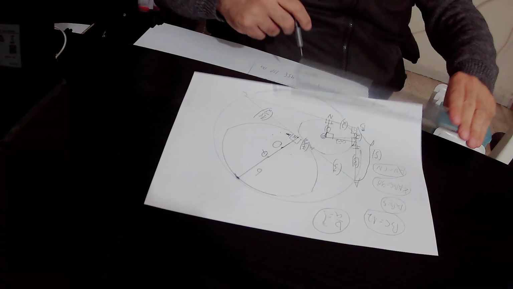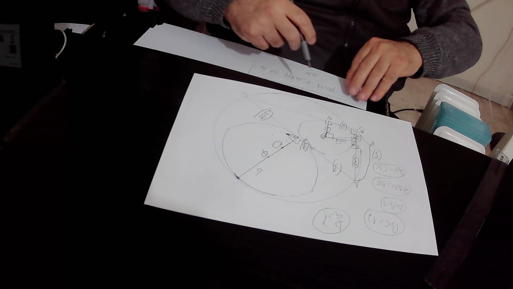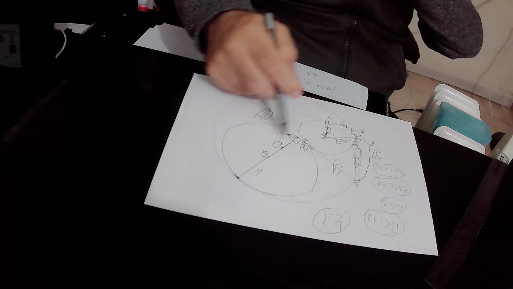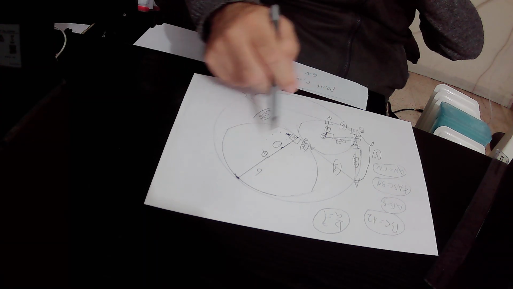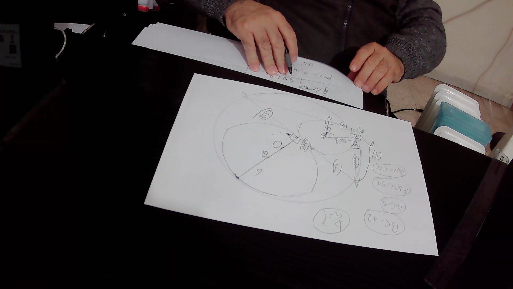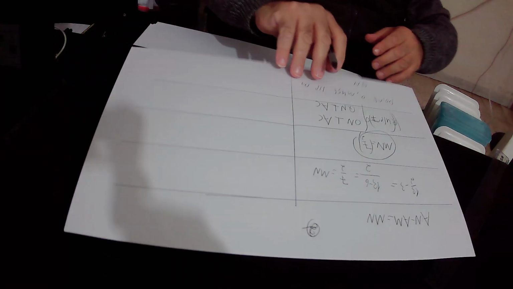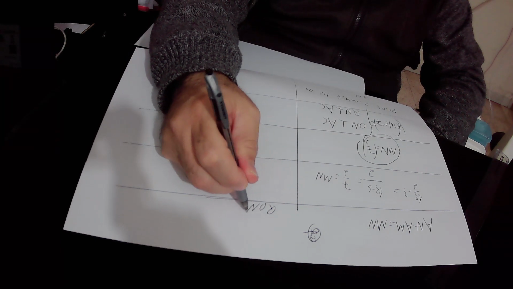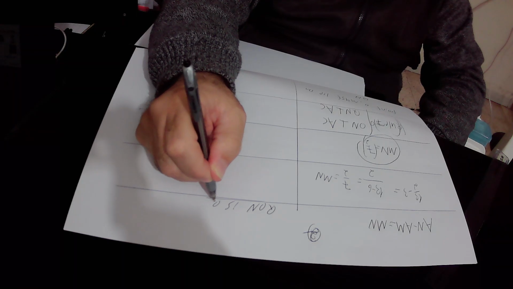Therefore, point O must be located on the radius QN. That means QON is one straight line.